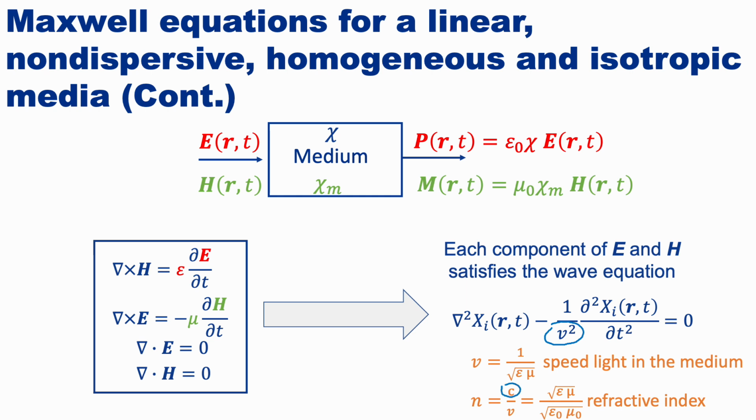So remember, c is the speed of light in free space, which remember is the same as a vacuum or air. That one is a constant, right?